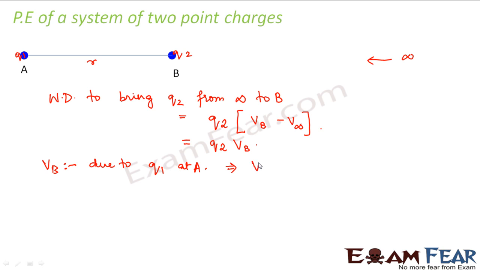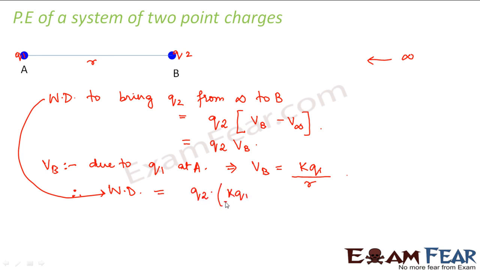Therefore, we can write that this potential will be equal to K, the same expression which we used for potential due to a point charge. It will be KQ by R, so that is KQ1 divided by R. Therefore, the work done becomes equal to Q2 into K into Q1 divided by R.